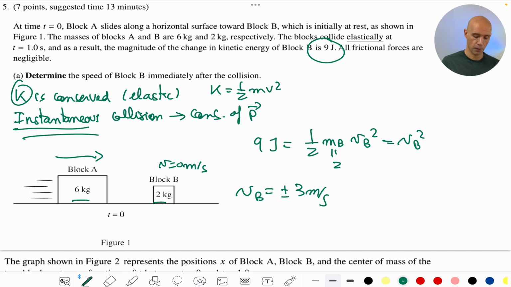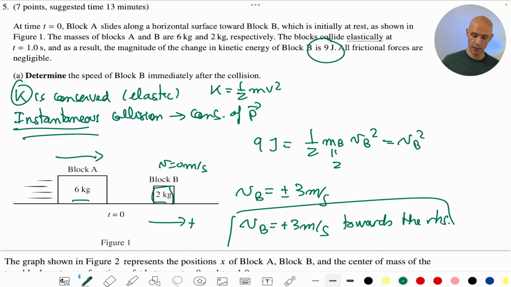So we have this block, and it collides against this one that is coming here. So assuming that positive is in this direction, then we know that it's going to move towards the right. So this is the right answer, and then towards the right. At least towards the right-hand side. That does not depend on the sign convention. But this is the answer. End of the story, we're good.